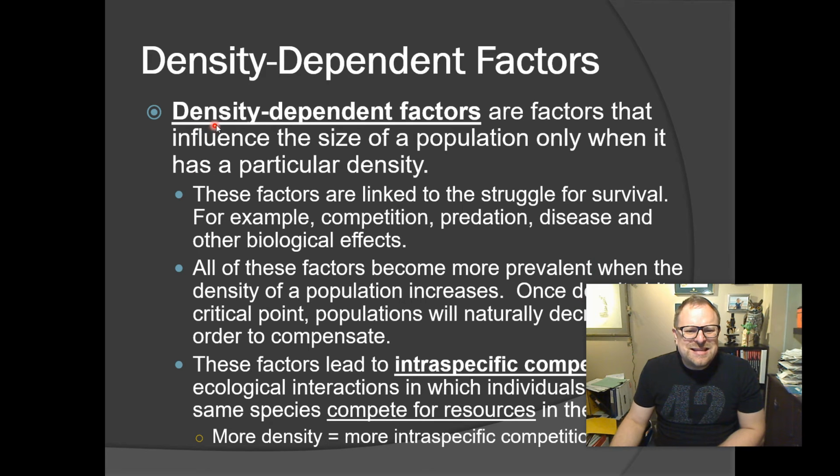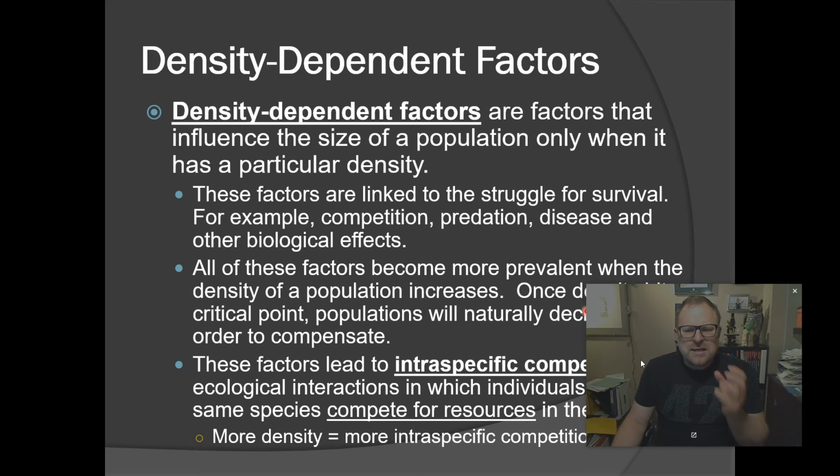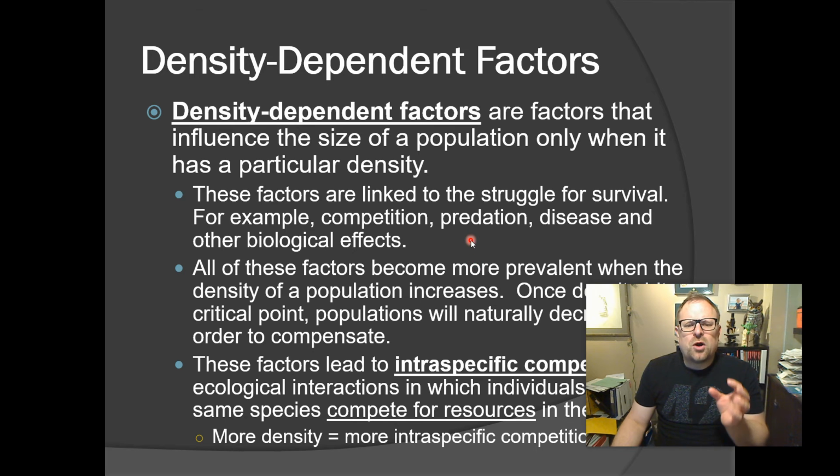So density dependent factors. Density, there's that word density coming back, dependent. So these are factors that influence the size of a population only when it has a particular density. So these factors are linked to the struggle for survival. Okay, so they're linked to the struggle for survival.